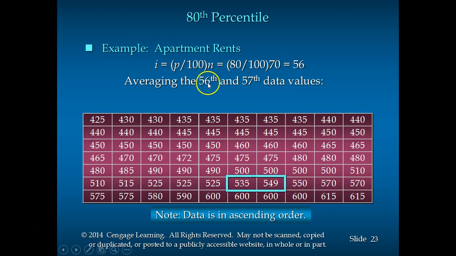See? Averaging the 56th and 57th data values. Does that make sense? I average these two, and so my 80th percentile is the average between these two. And in this case, it's 535 plus 549 divided by 2, which is 542. That is the 80th percentile. Okay, everybody.